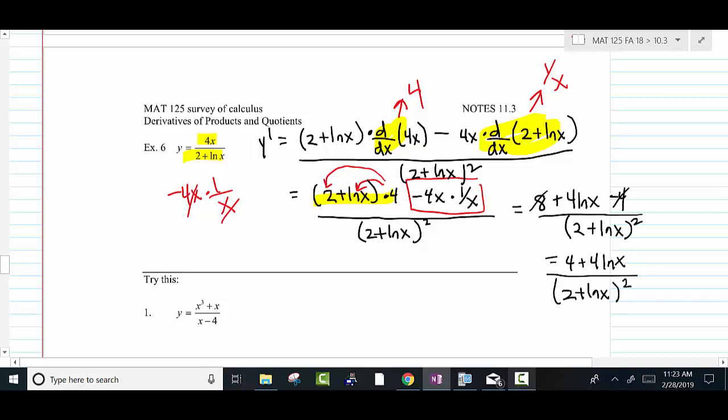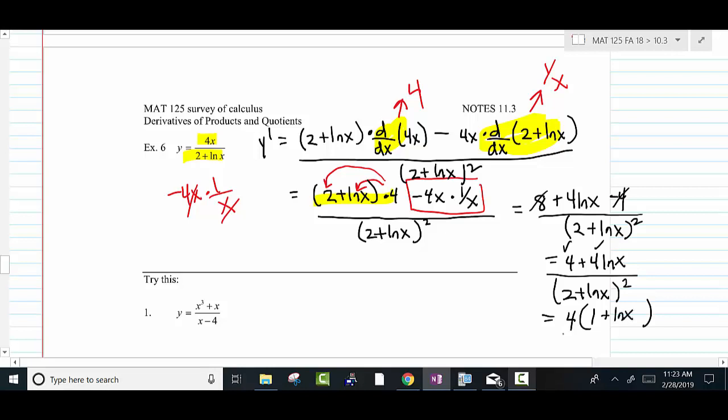There's one other thing you could do. It actually wouldn't make that much difference on this if you didn't do it. Any suggestions about one other thing I could do? You're saying factor, take the 4 out. Good. You could. It wouldn't make any difference on this, but it's important that you always try that. You have a common factor of 4, so if you take that out, you would have 4 times 1 plus ln x.